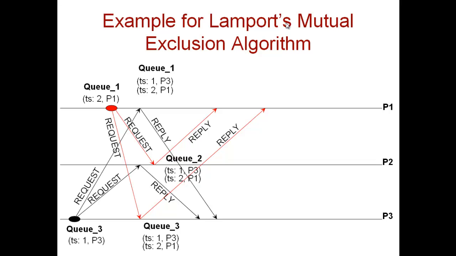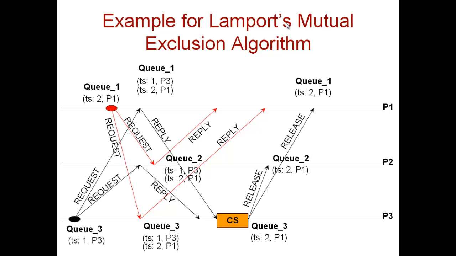So basically the processes can order the timestamped request messages in the increasing order of the timestamps. So even if a process has received the reply messages from the other processes, its own request is not going to be in the front of the queue if some other process has a lower timestamp than its own request.